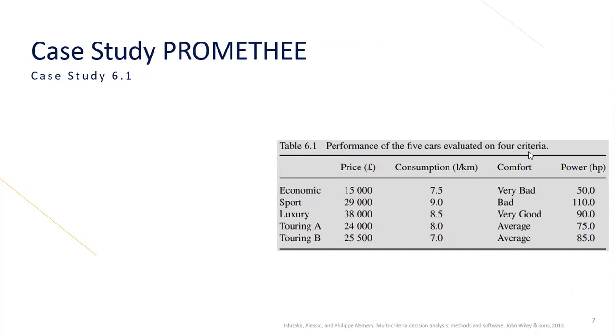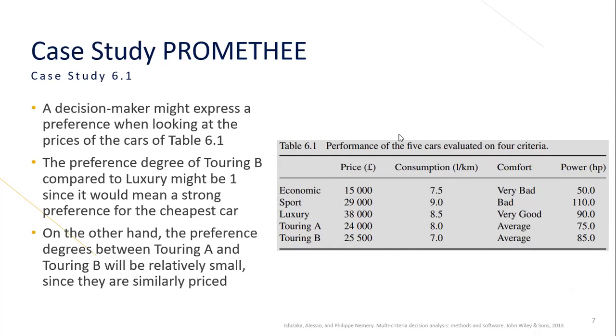Okay, now let's try to score the preference degree. Like we mentioned earlier, let's use the first criterion, price. You have 5 alternatives: economic, sport, luxury, touring A, touring B, each with the value of its price.